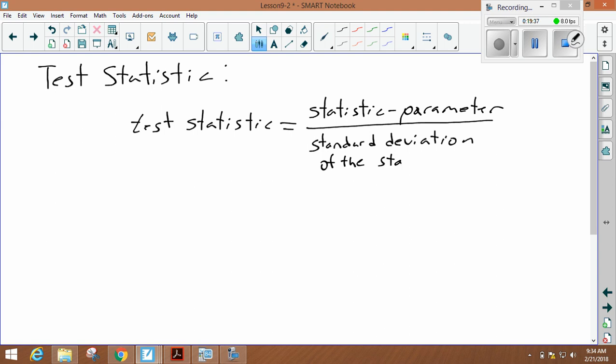This is always what it will be for everything, and this will cause us to create a formula.